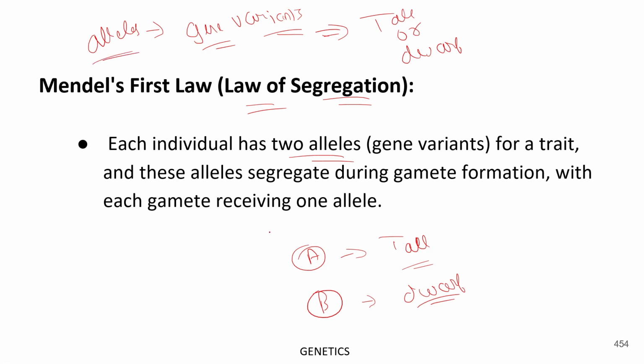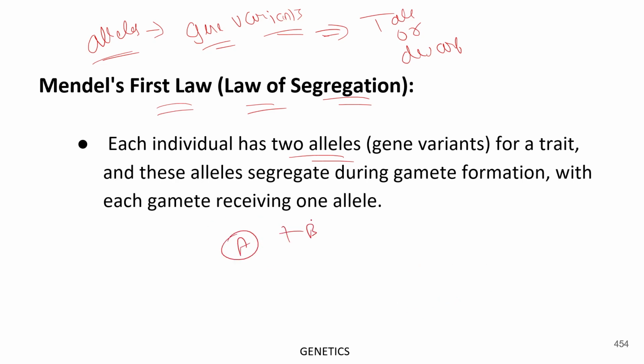So Mendel gave his first law, which is known as the law of segregation. He said that if two different characteristics come together, like A and B, then AB will show the characteristics of only one, whether of A or of B, in the F1 generation.